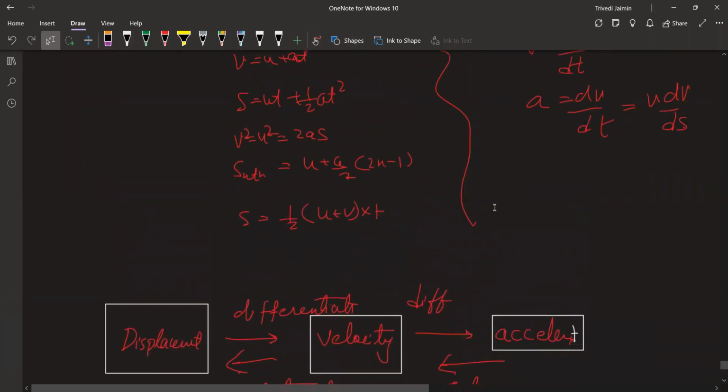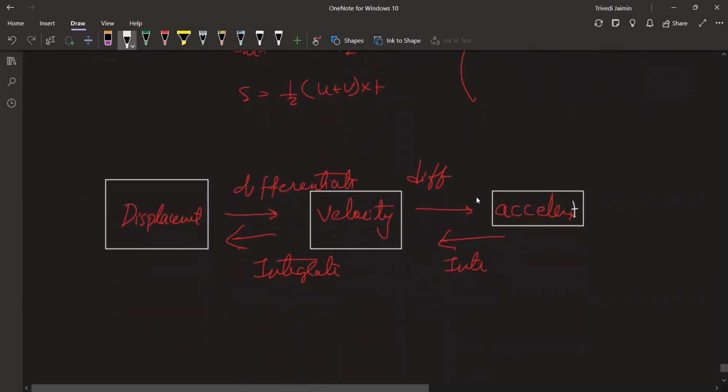So let's write this here itself. Differentiation: we wrote v equals ds by dt, a equals dv by dt or v dv by ds. Now integration, what formula did we write?